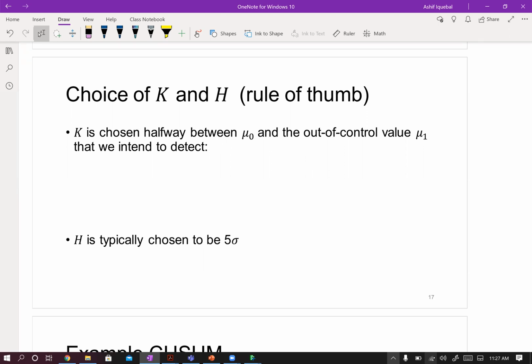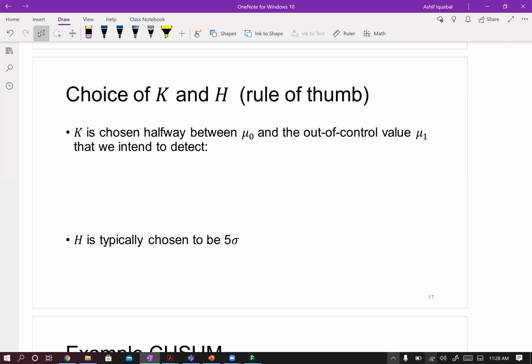So far, there are some recommended methods. They're also called rule of thumb. Sometimes people use lots and lots of simulations and data sets to estimate the value of K and H. But so far, there is no standard method to select the values of K and H, right?